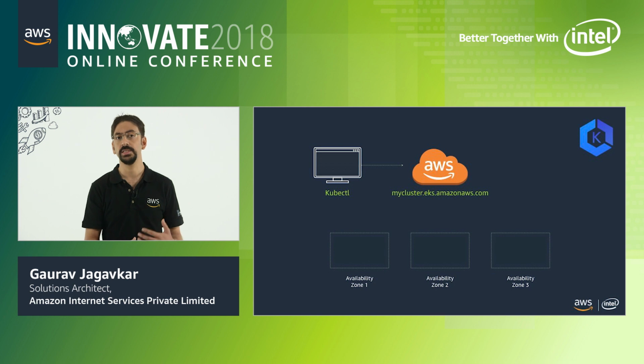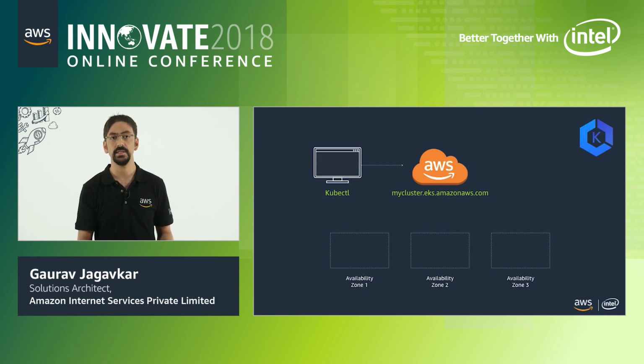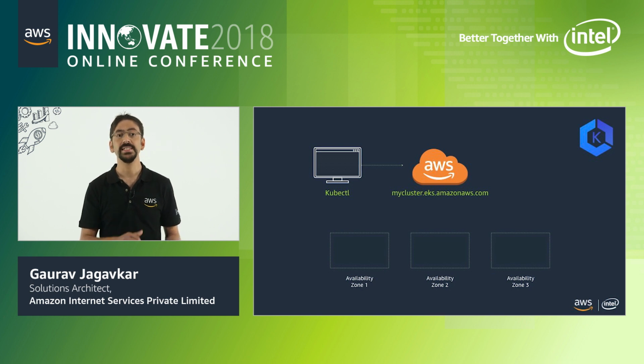So what we did is we built Elastic Container Service for Kubernetes, also known as EKS. And we built it around only 4 tenets: a platform to run production-grade workloads, native and upstream Kubernetes experience, seamless integration with AWS services, and the EKS team actively contributing to the upstream environment.